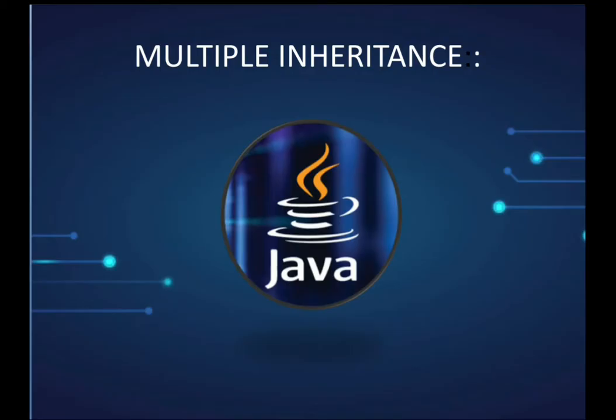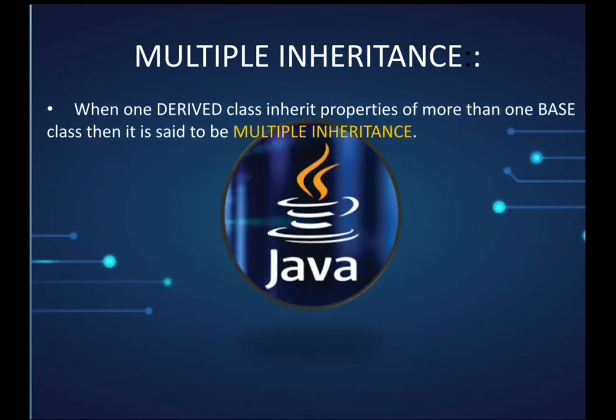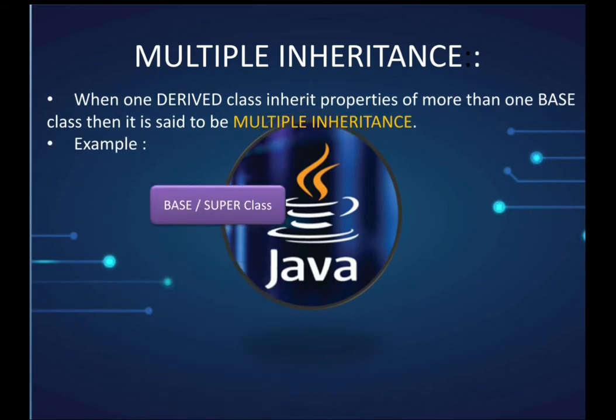Now see multiple inheritance. We have to consider multiple inheritance first because the topic of this video is interface, and interface comes because of multiple inheritance. Multiple inheritance: when one derived class inherits properties of more than one base class, then it is said to be multiple inheritance. See how?